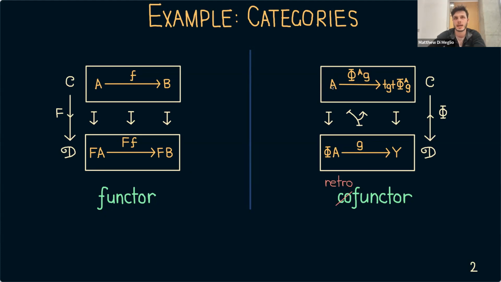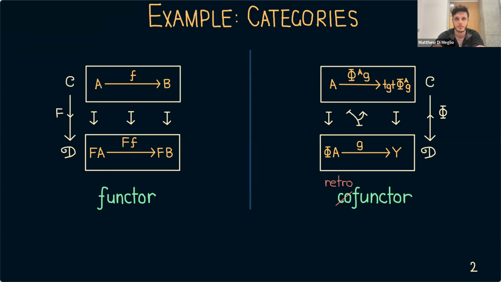For every object A in C and every morphism g out of phi of A, there's a lift of g to A, which I'm denoting phi superscript A of g. These lifts should also be compatible with identities and composites. Cofunctors have become quite popular in recent years in the applied category theory community because they're useful for modeling things to do with synchronization of systems.